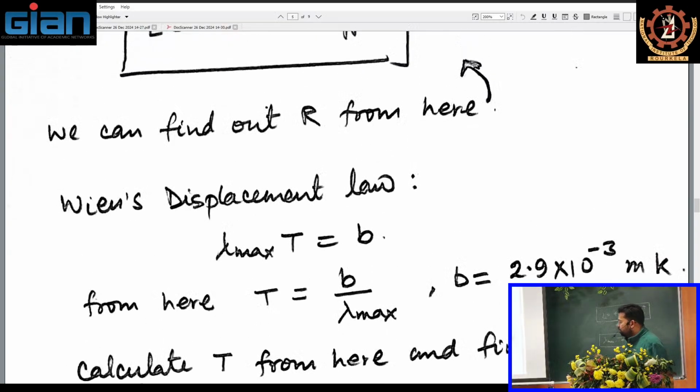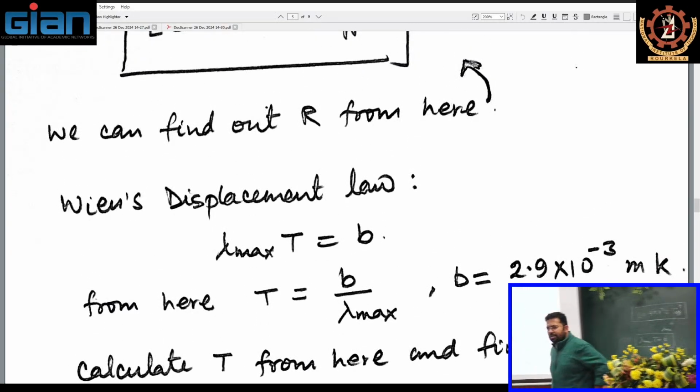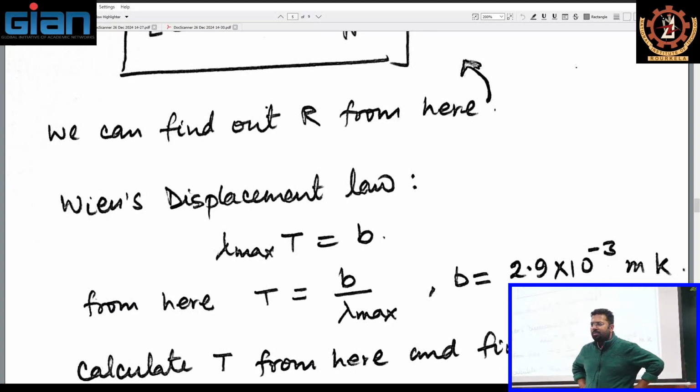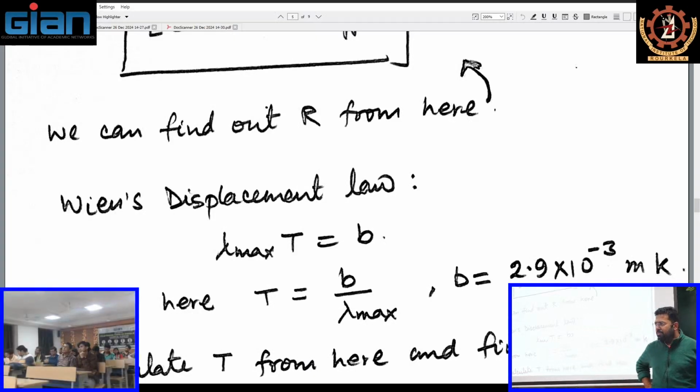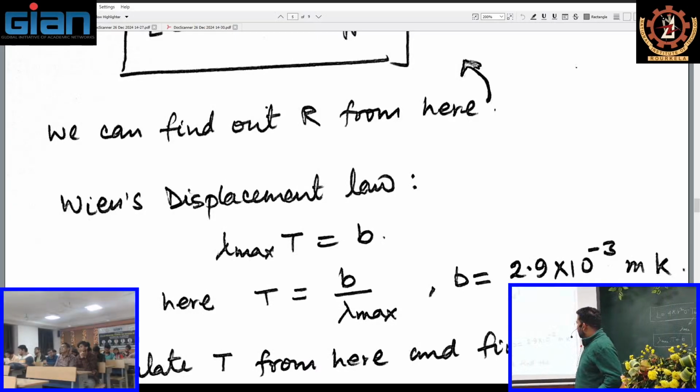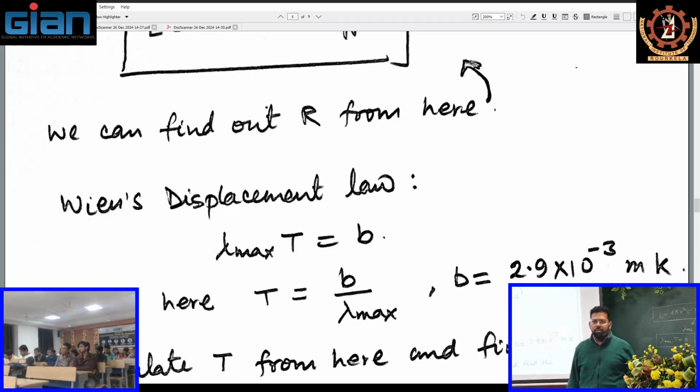So, did anybody find the temperature of the star? The temperature of star B is the surface temperature. The value of B is already mentioned here. B is equal to 2.9 times 10 to the power minus 3 meter Kelvin.